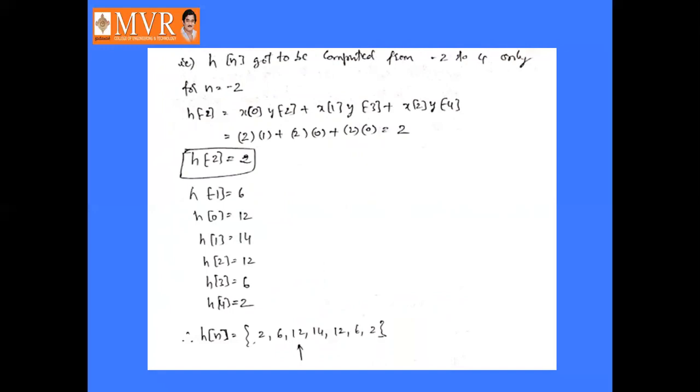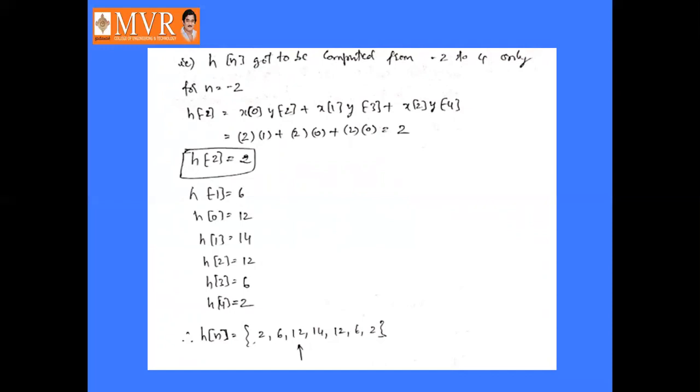So therefore, for h of minus 2 to 4, h of minus 2 can be calculated as 2. In the same manner, h of minus 1 is calculated as 6, h of 0 is calculated as 12, h of 1 is calculated as 14, h of 2 is 12, h of 3 is 6, and h of 4 is 2.